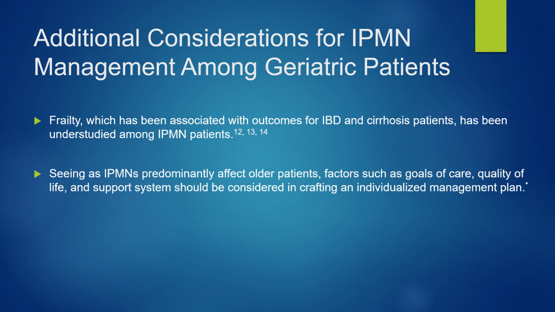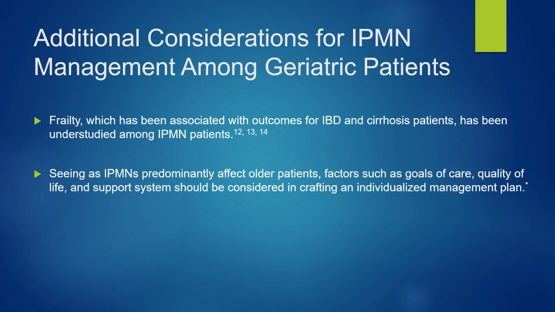More broadly, there are still a variety of things to consider in the IPMN patient population. For example, frailty is a concept that is increasingly being studied in other gastroenterologic conditions, including IBD and cirrhosis.